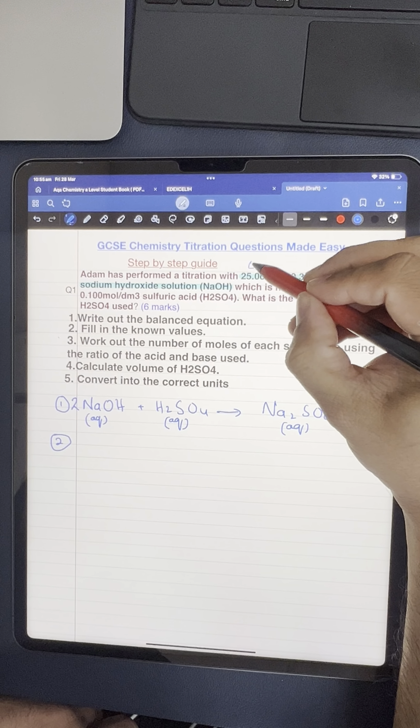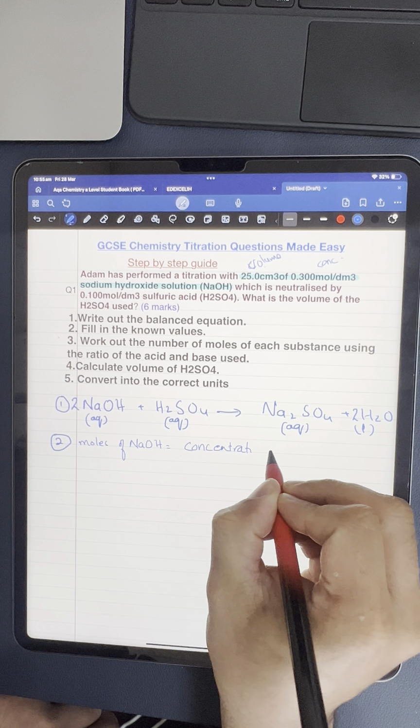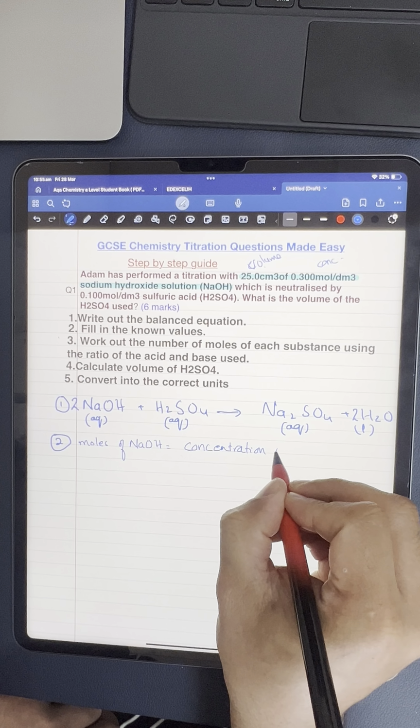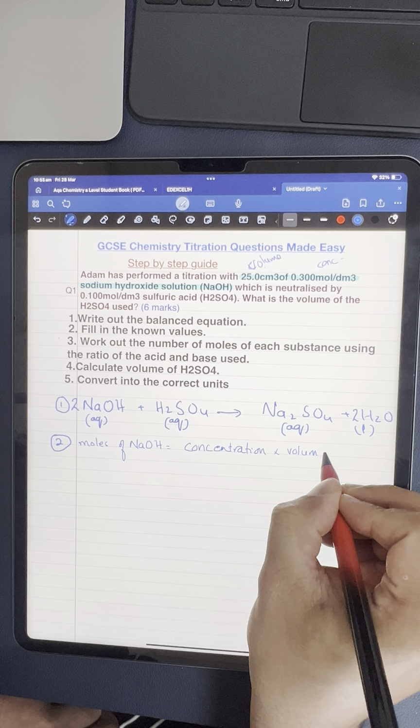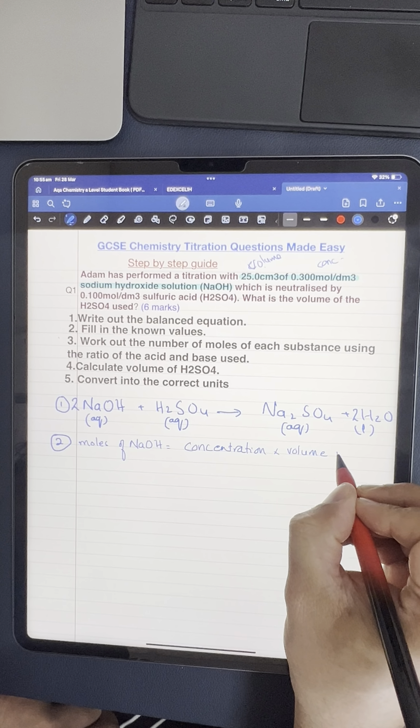So moles of NaOH equals concentration times volume, and this volume needs to be in dm³. Always remember this, guys.